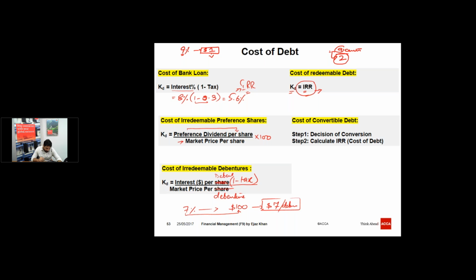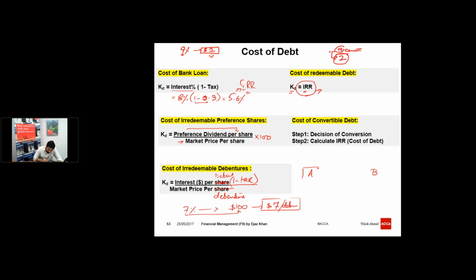NPV should be 0? No, NPV should not be 0. Actually, what was internal rate of return? If you go back and see, the internal rate of return was the return that the investor was getting from a project. It was the percentage return that the investor was going to get. Now, if there is a loan, there are two parties.